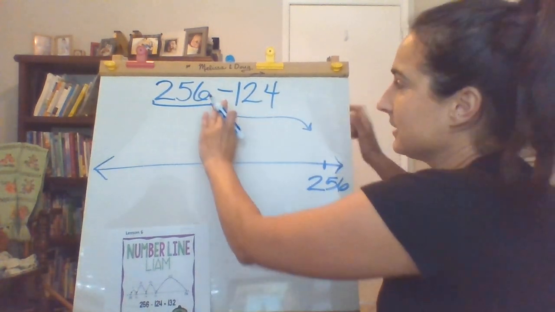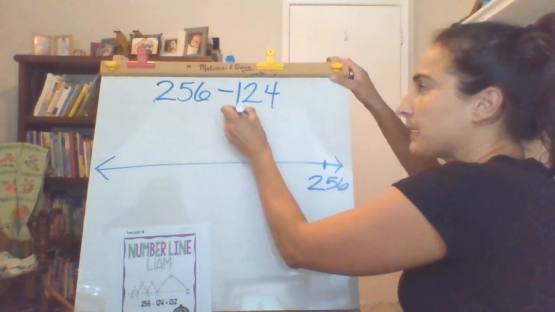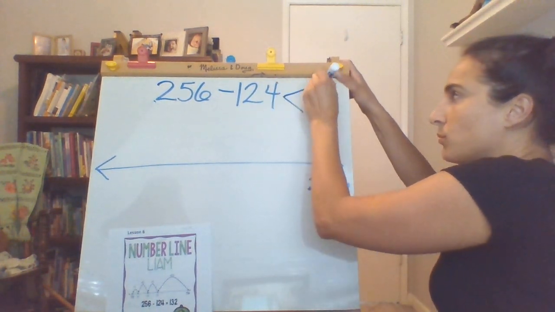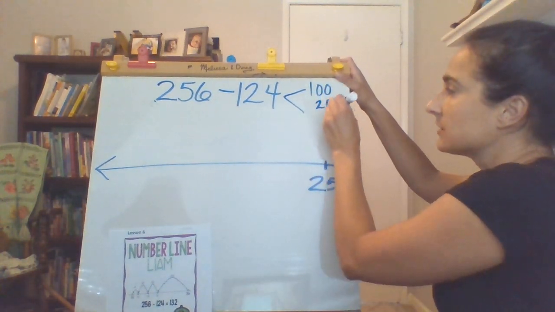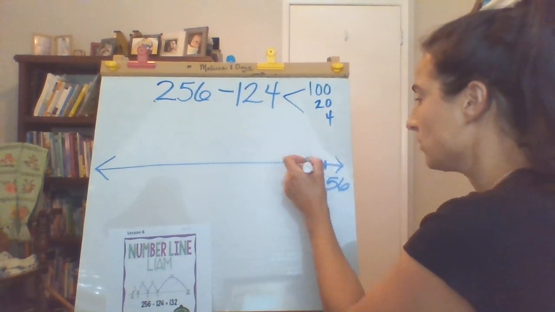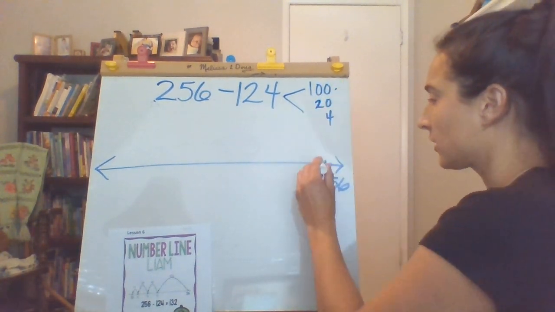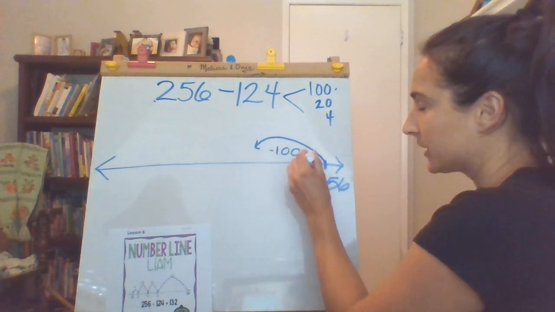If you remember from our lesson, I'm going to take this 124 and break it up in expanded form, right? Now, I'm going to take away 100. I'm going to start here. 256 minus 100.